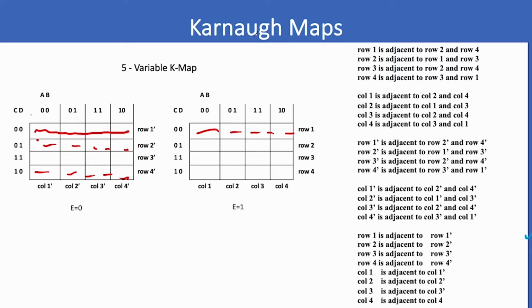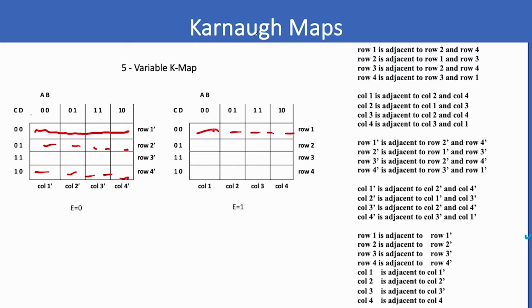Okay. So row 1 prime is adjacent to row 2 prime and 4 prime. And row 1 is adjacent to row 1 prime. So these are adjacent to each other across between these two variables right here.